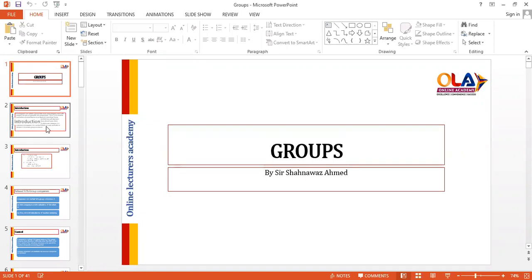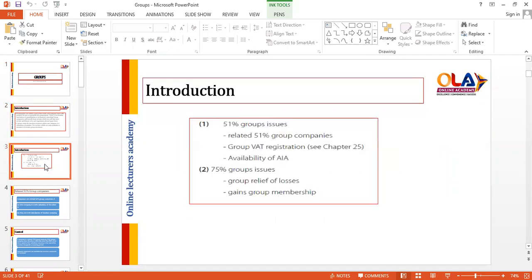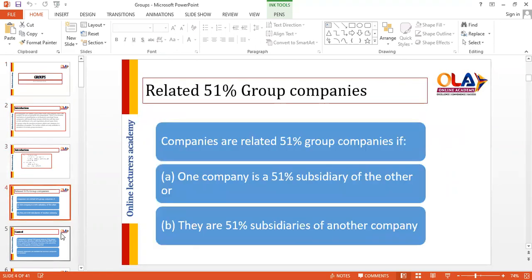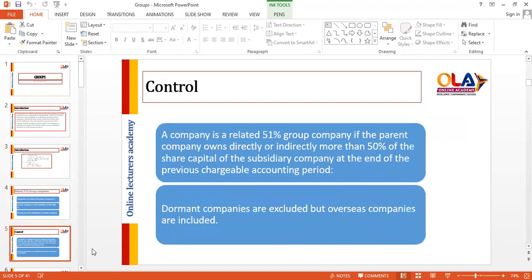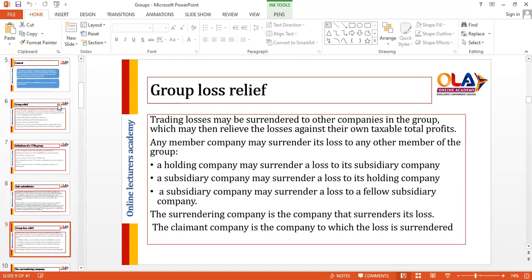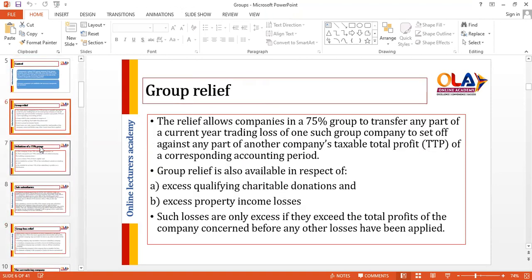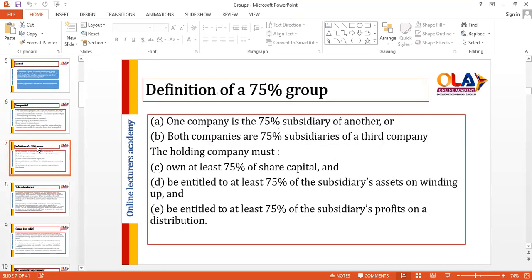Now see the rules of the 75% loss relief group. The 51% group is for VAT purpose, and for the identification of the large company and small company as well.